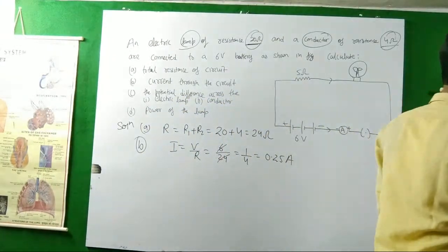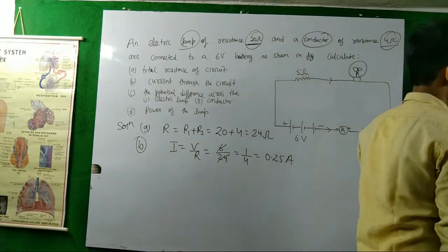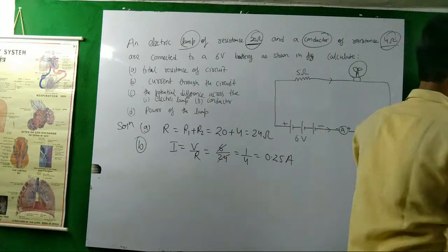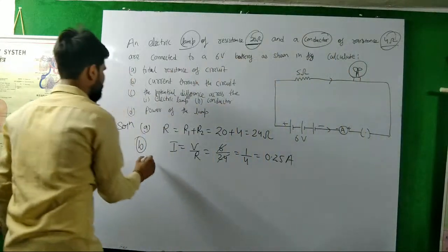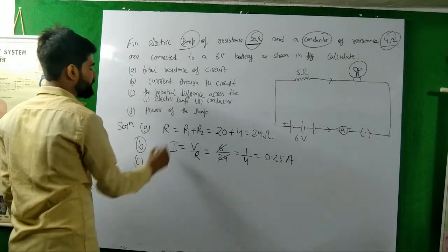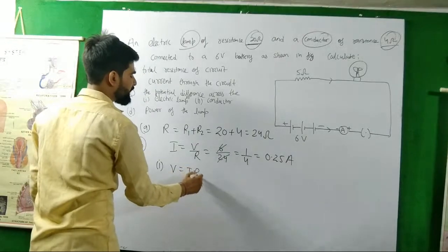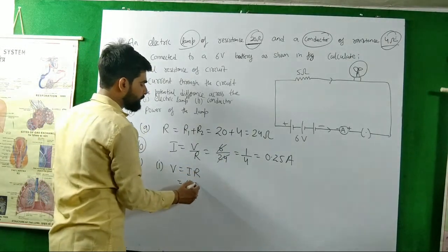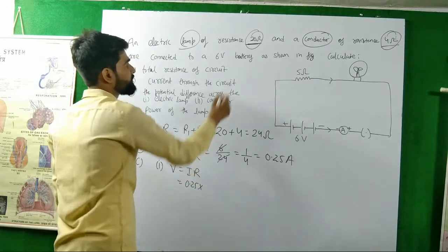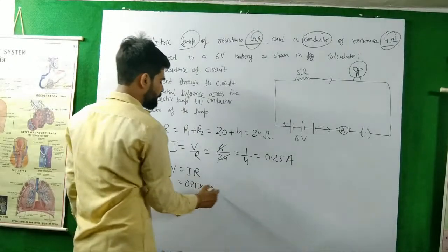And for the third question, we have to find the potential difference for both cases. First is the lamp and the second is the conductor. For the first case, V is equal to IR, and the value of I is 0.25, and the resistance for the first circuit is 20 ohm.